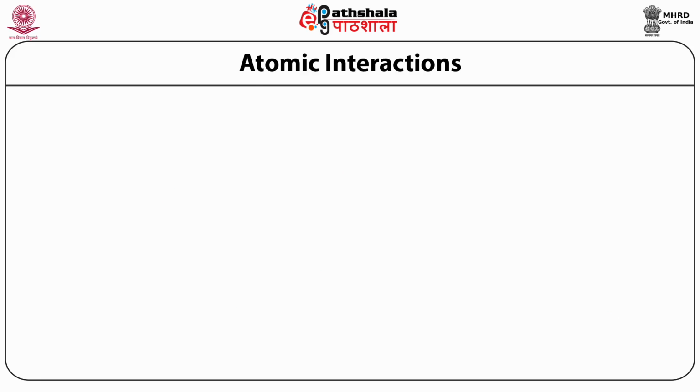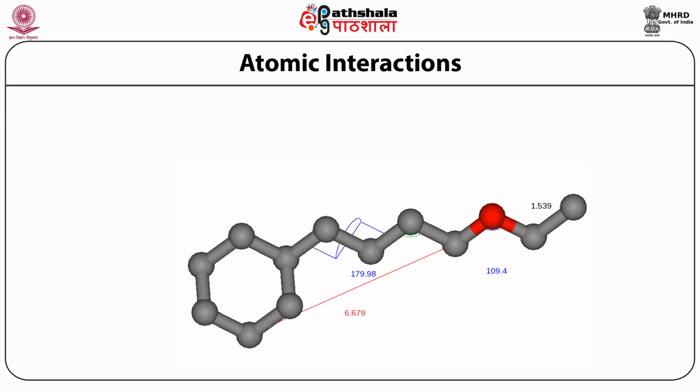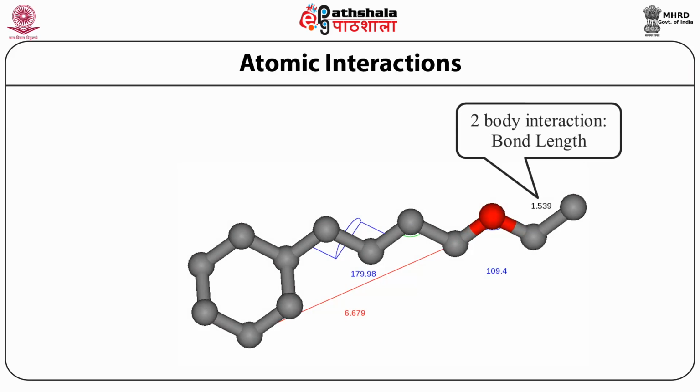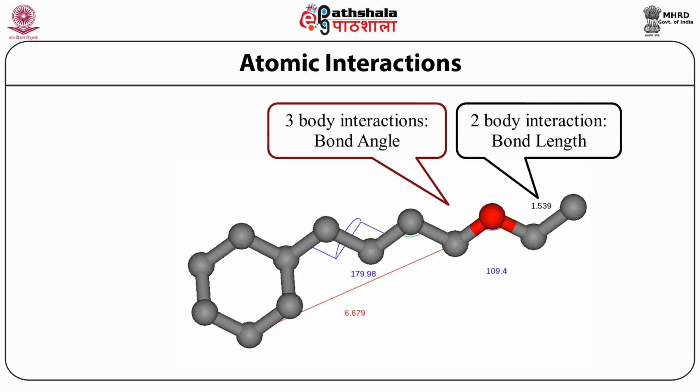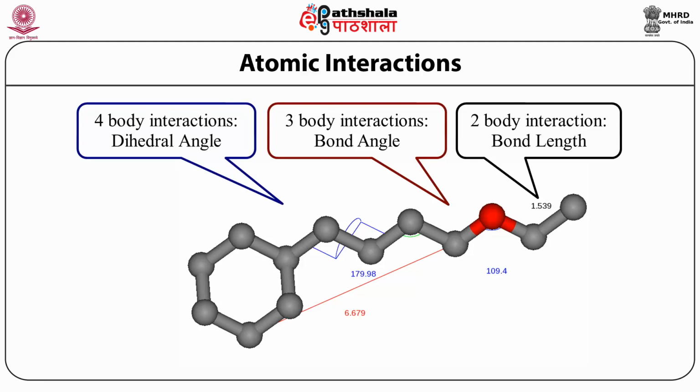I am showing here the atomic interaction between two atoms in one small molecule, depicted by blue and red colors, and it also shows the interatomic distances. Here is a two-body interaction, shown by bond length, which is the distance shown here, and the angle across the oxygen is shown as a three-body angle, where the value of the angle is also shown. The torsion angle between four carbon atoms across the rotatable bonds is shown as a four-body dihedral angle interaction.